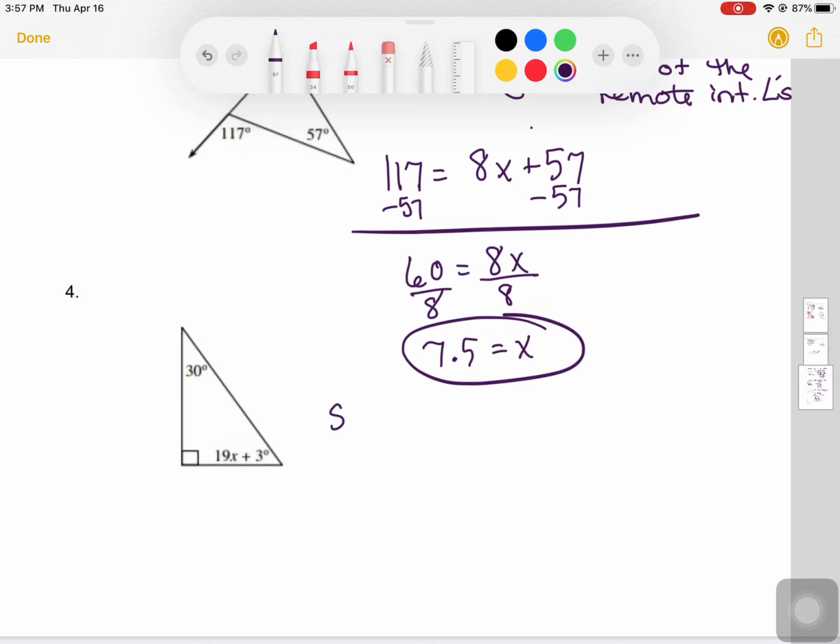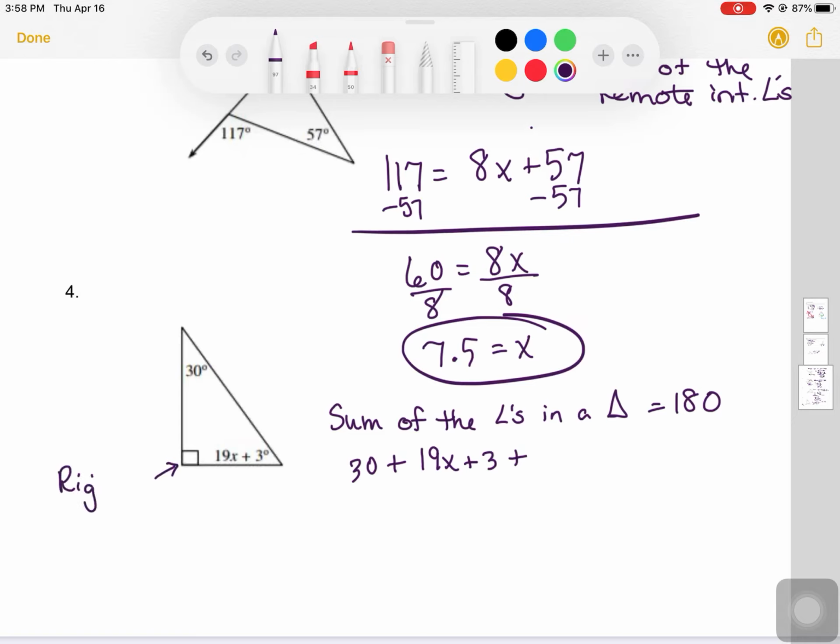This last one has to do with our angle sum theorem, that the sum of the angles in a triangle equals 180. So I know that 30 plus 19x plus 3 plus, again, remembering that this is a right angle, and that equals 90, plus 90 equals 180.